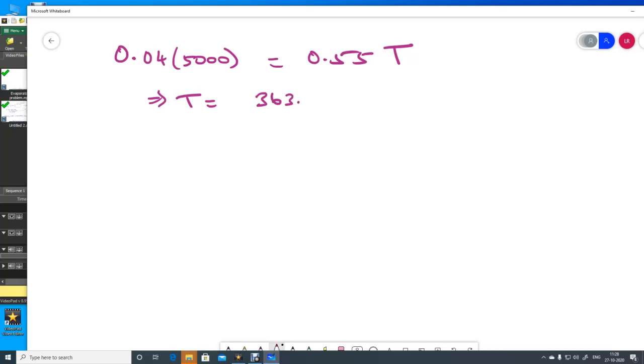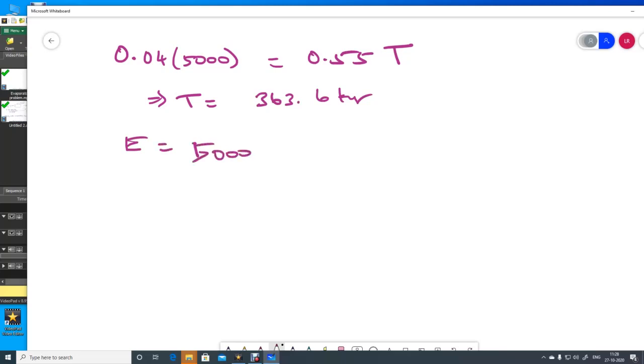Substituting the values, 0.04 into 5000 divided by 0.55. That is, 0.04 into 5000 equal to 0.55 into T. So we get T equal to 363.6 kg. Please check your answer.